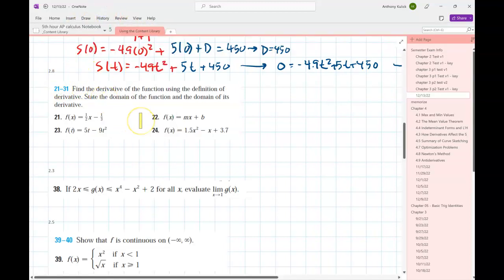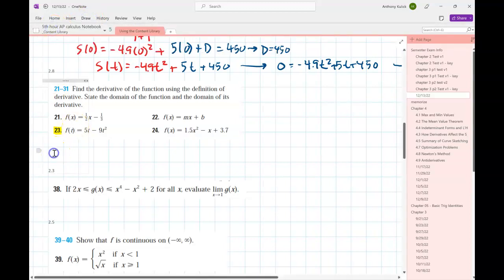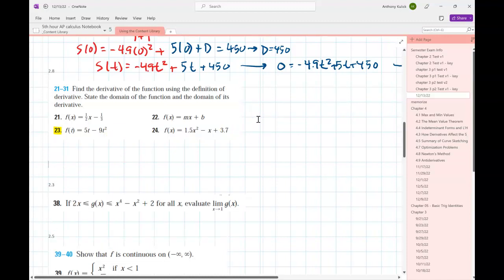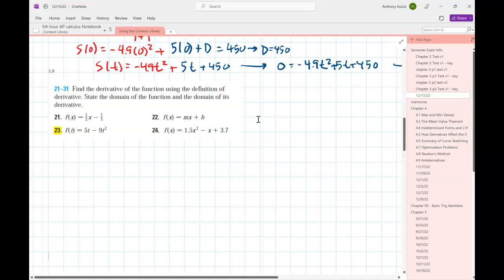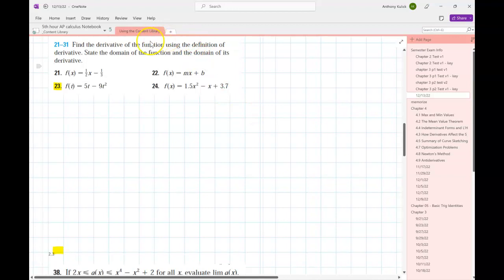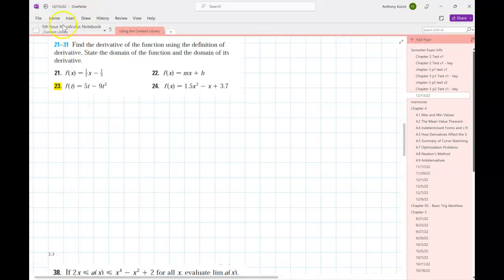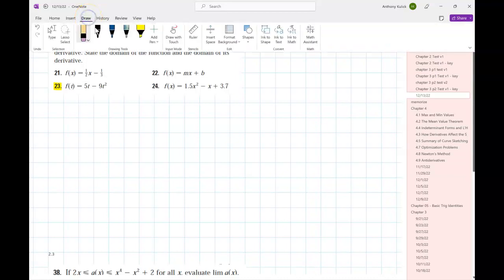It says find the derivative of the function using the definition of a derivative, and then state the domain of the function and the domain of its derivative.